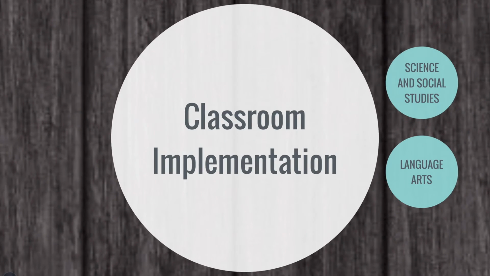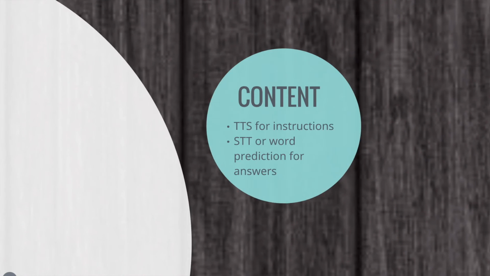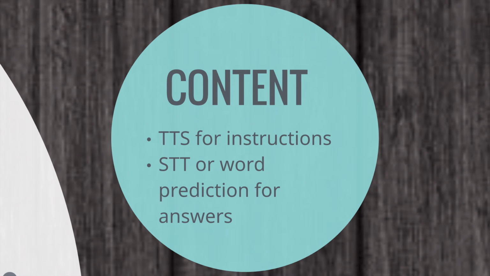Classroom implementation. The classroom implementation will be for language arts, social studies, and science. When looking back at the STEP framework, we have to evaluate the task that it is going to be used for. For social studies and science, Milo will be using a combination approach, where he will use the text-to-speech component to read out the instructions for him, and then use the speech-to-text or word prediction to answer those questions.